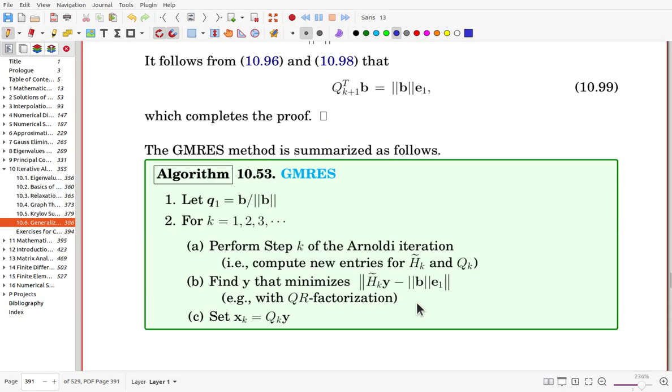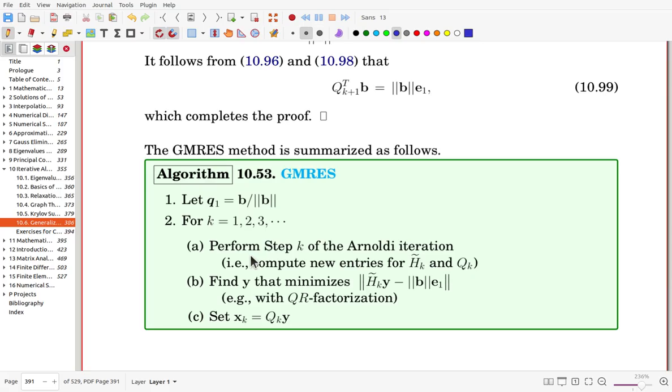Okay. So we can summarize the method. Q1 is B over norm B, and we perform step k of the Arnoldi iteration.